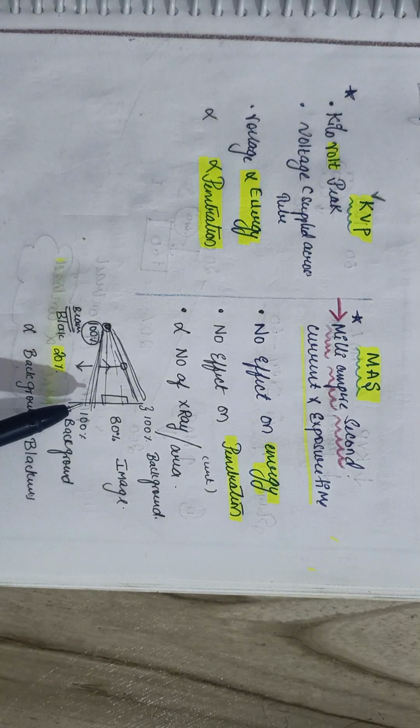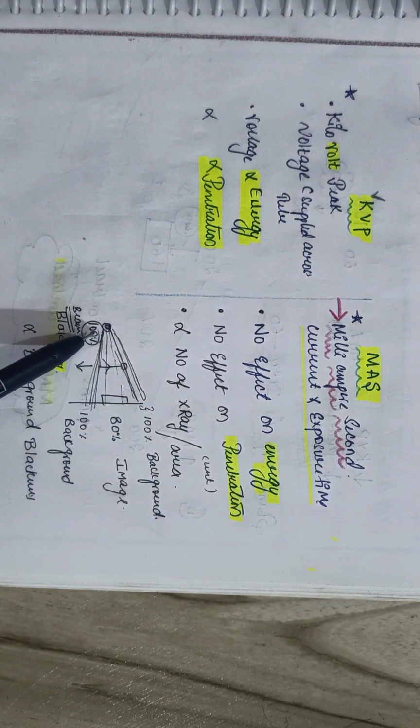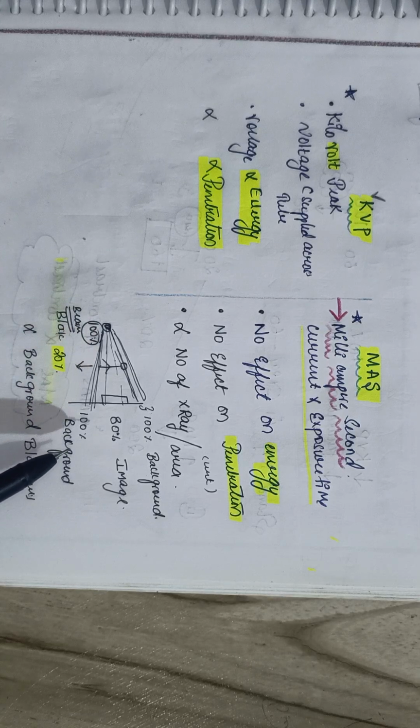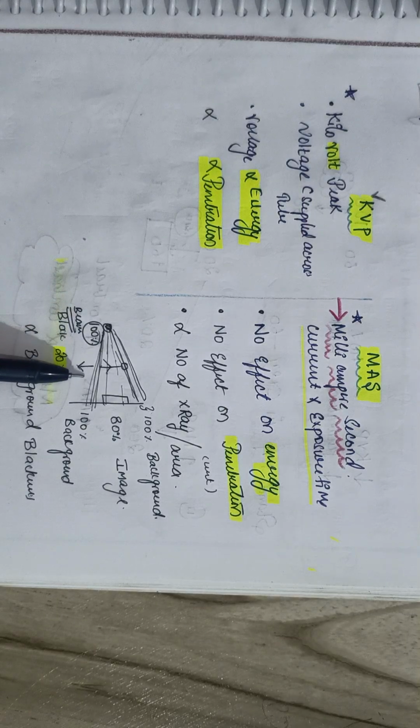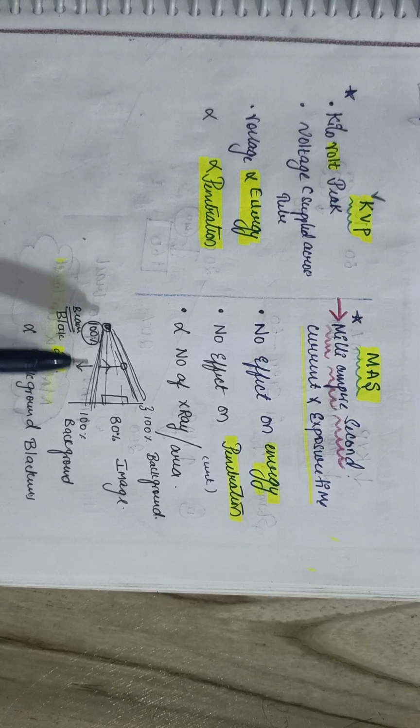Now if you look at the surroundings at the ends, where the beam is not interrupted by this person, the same amount of energy that is supplied is falling on the background. Say you have a 100% beam here, the same 100% beam is falling on the background.